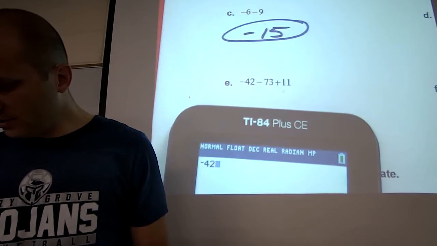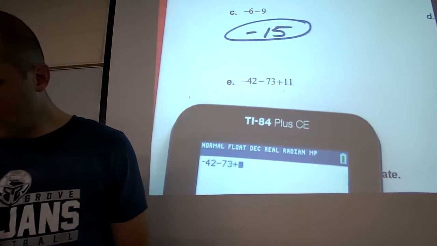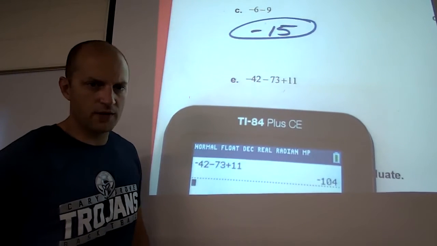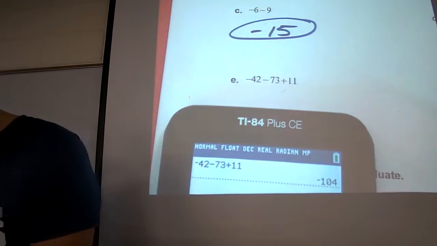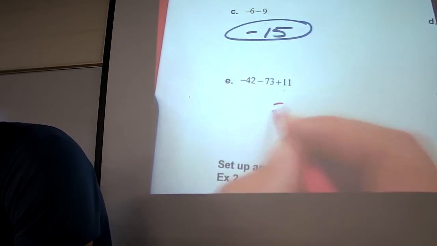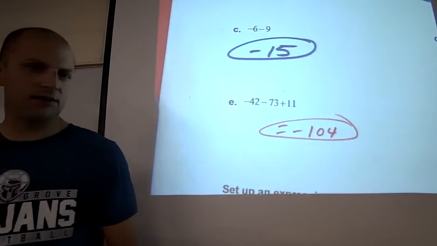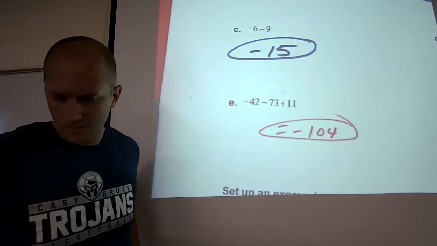Negative 42 minus 73 plus 11. The calculator does it all for you. Easy peasy. You guys want to see how to do it by hand real quick? Yeah. Okay.